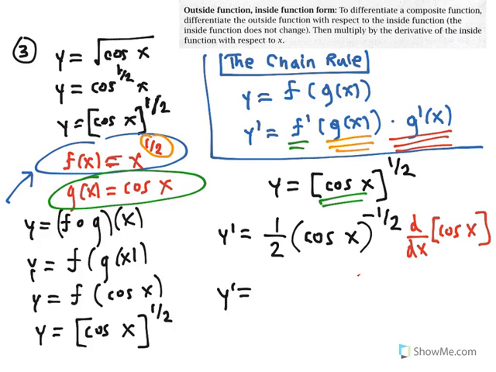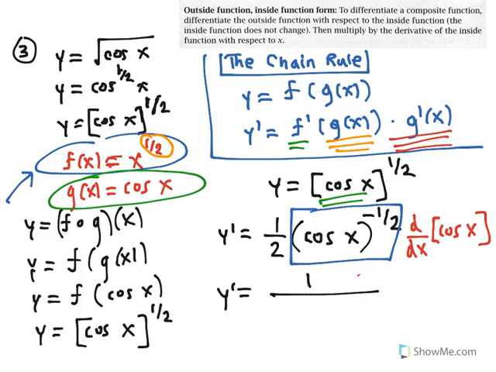So now we write y prime is equal to, if you would like to simplify, you can, and here's one way you can simplify. Whenever you have a negative exponent, you can take the power from the numerator to the denominator, and the exponent will become positive.